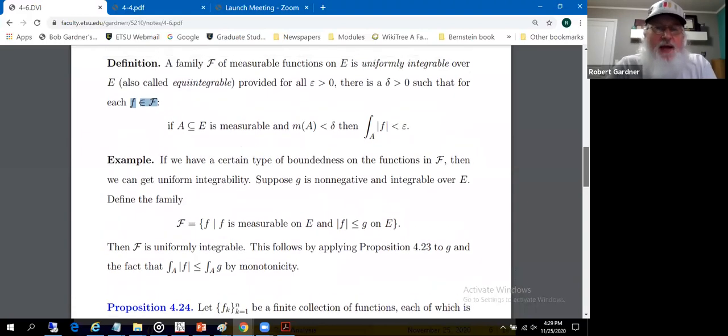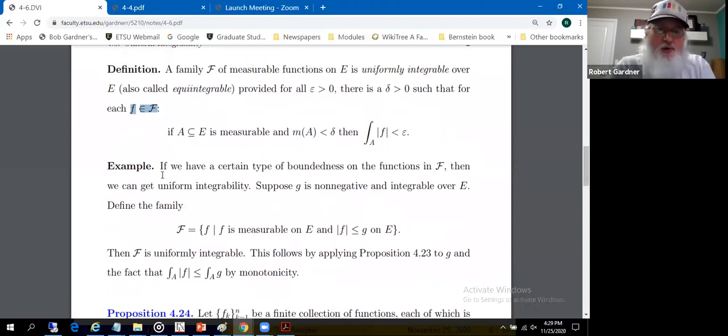Consider the following example to illustrate uniformly integrable. If we have a certain type of boundedness on that family of functions, calligraphy F, we can get uniform integrability. Suppose g is a non-negative integrable function over set E. Define the family F to be all functions that are measurable on set E and in absolute value are less than or equal to g on set E. Now, monotonicity will tell you the integral over A of the absolute value of f is less than or equal to the integral over A of g.